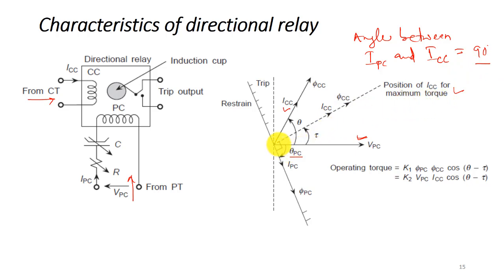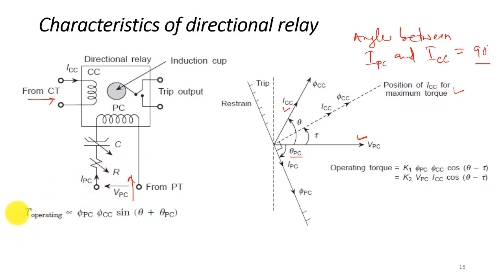Therefore, this line where ICC makes an angle of 90 degrees to IPC is called the position of ICC for maximum torque.